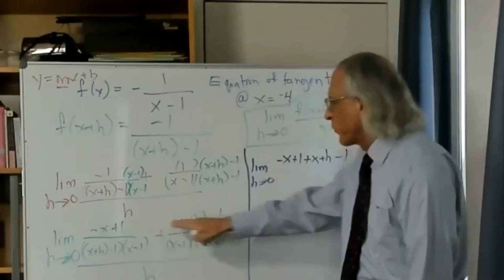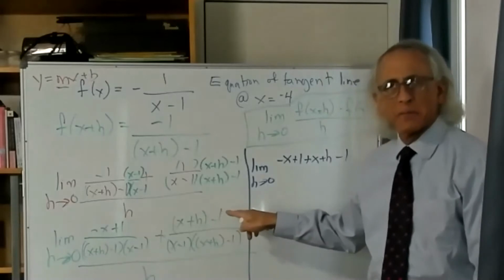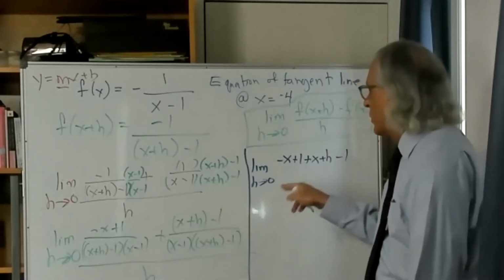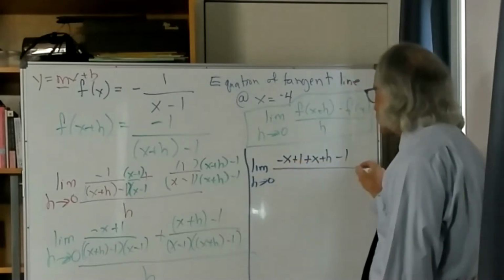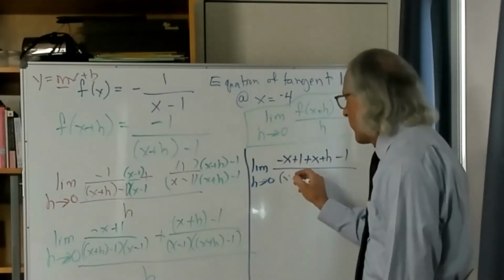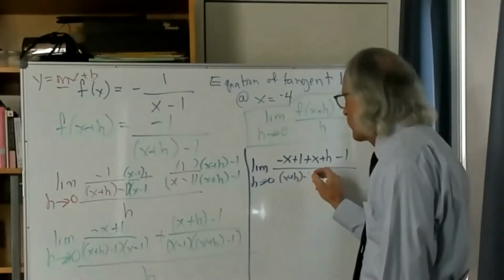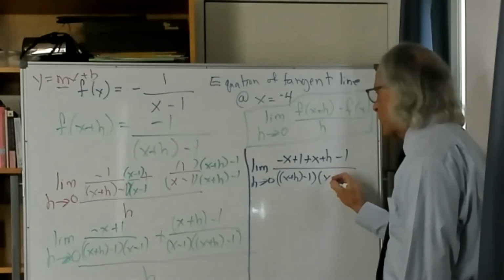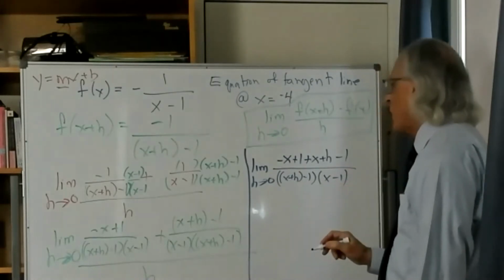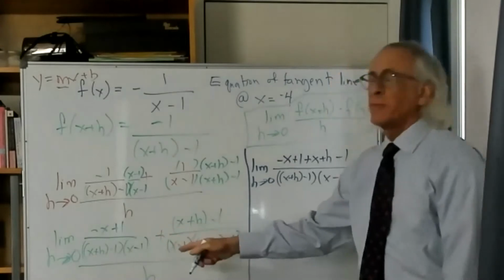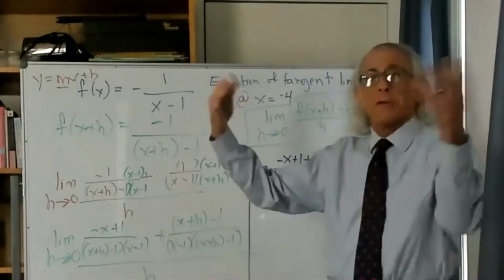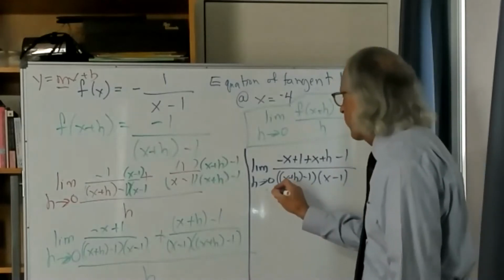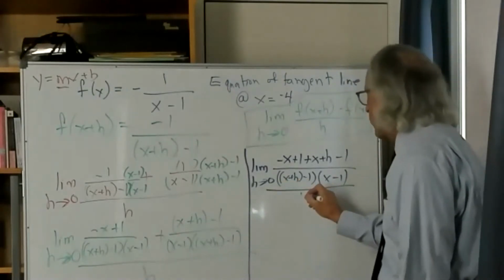I just added these straight across. Is everybody okay with that? My denominator is x plus h minus 1 times x minus 1. That's my denominator of the numerator, because I still have the major denominator here, which is still h.